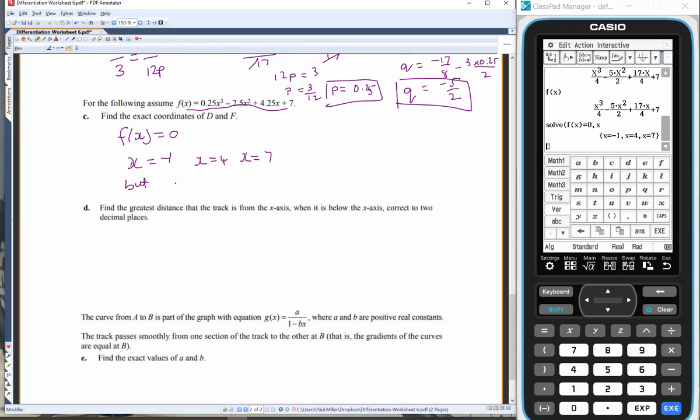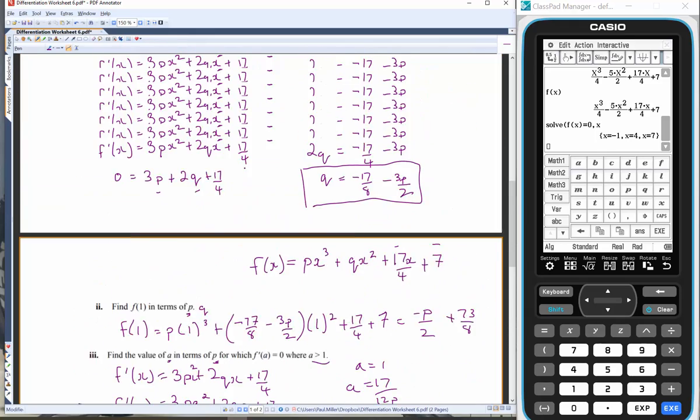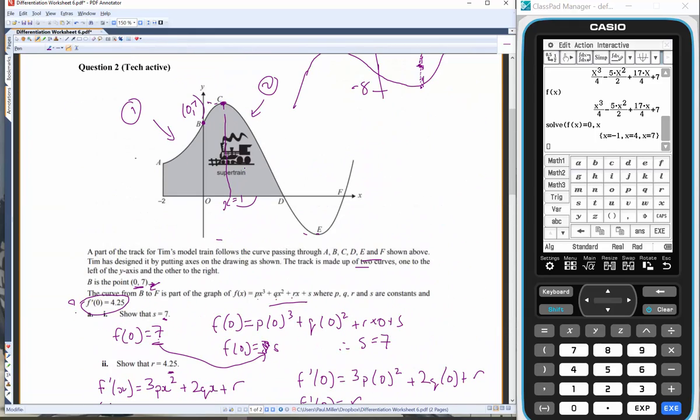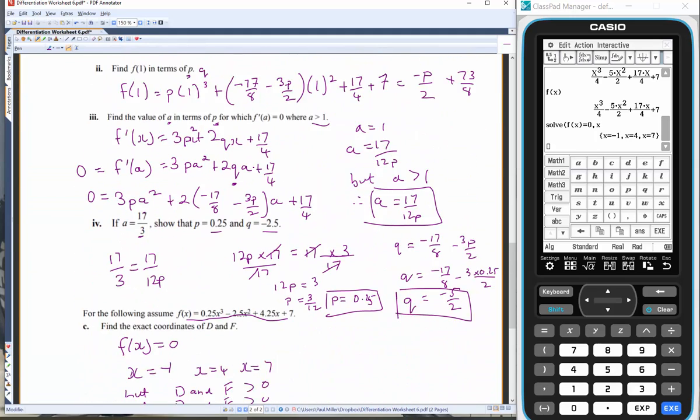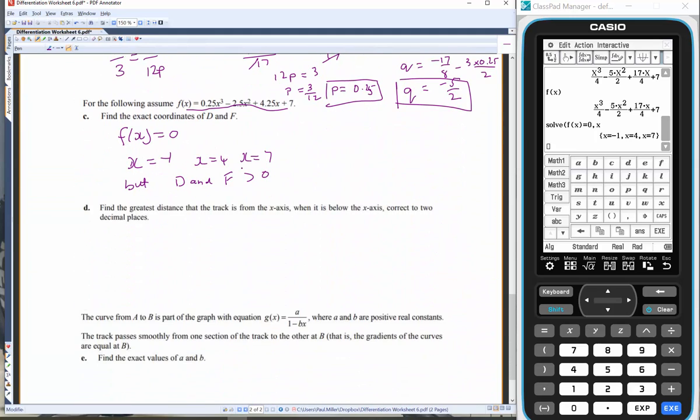But D and F are greater than 0. If we have a look at my original picture, you can see that D and F are greater than 0. So let's chuck this solution here. Therefore, x equals 4, x equals 7. And let's list them as the exact coordinates: 4, 0 and 7, 0.